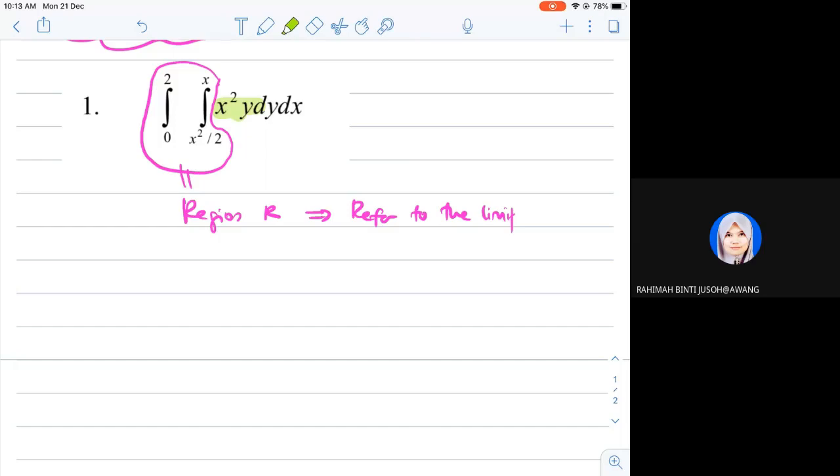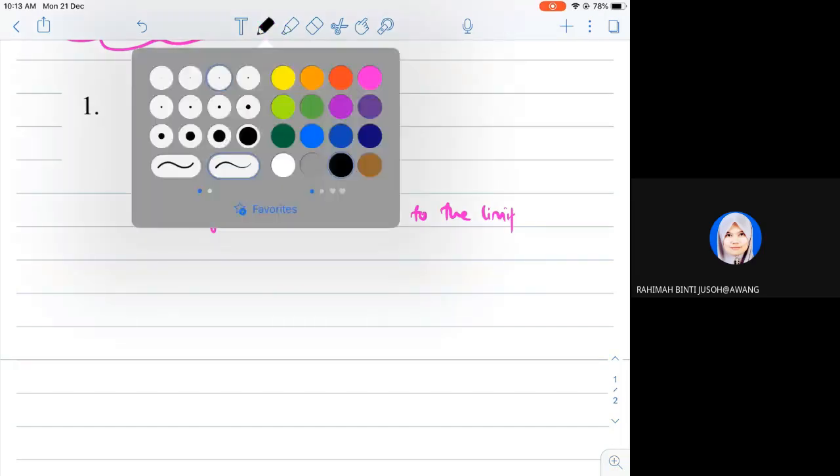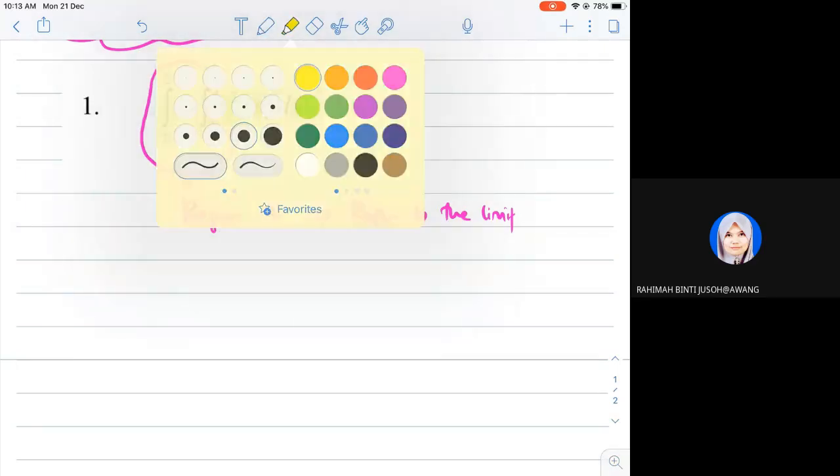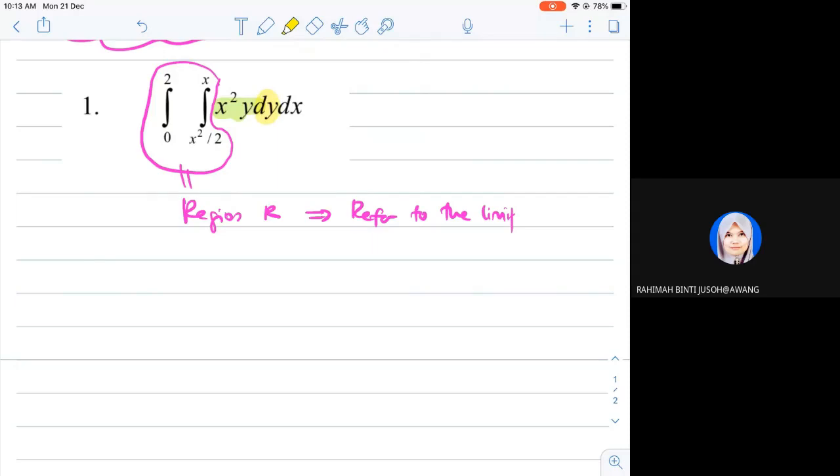Okay. So now what can we do here in order to sketch the graph? You have to take out the limit. Okay, guys. Now limit of y. Y starts from x squared over 2, so y equals to x squared over 2, and then another limit of y is x, so y equals to x.